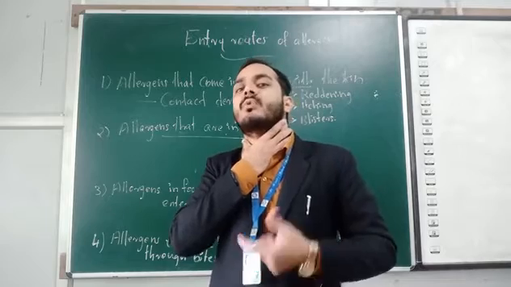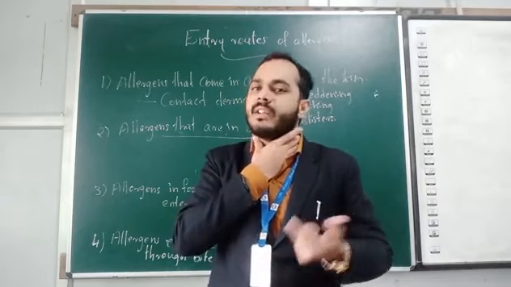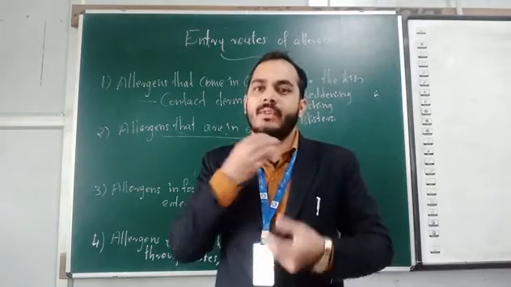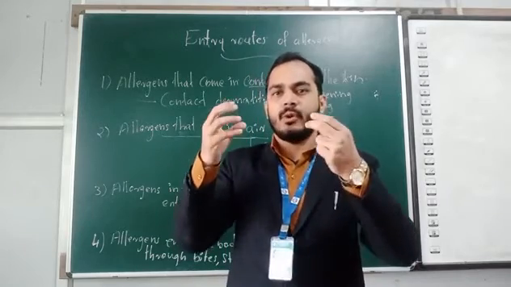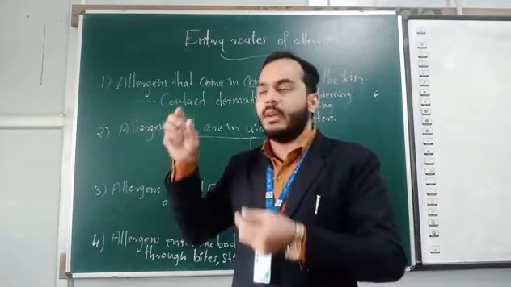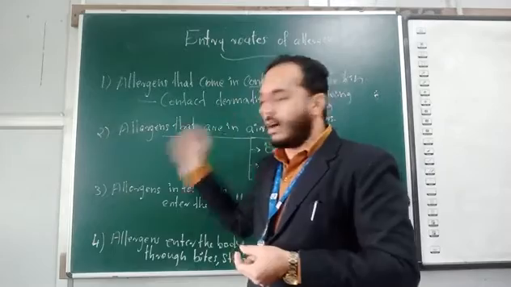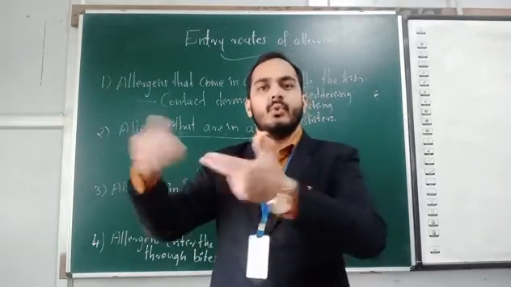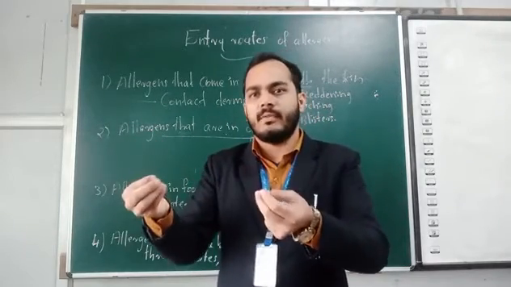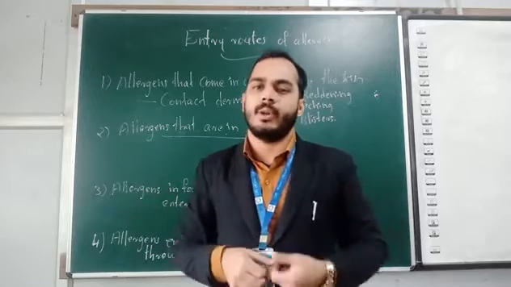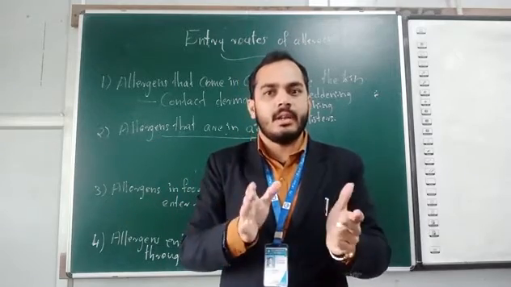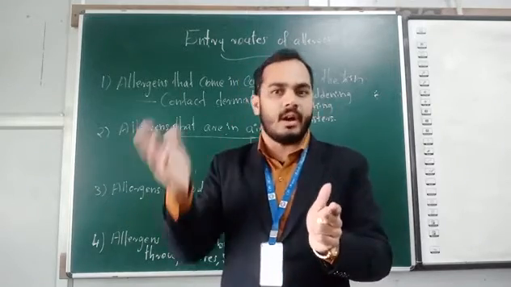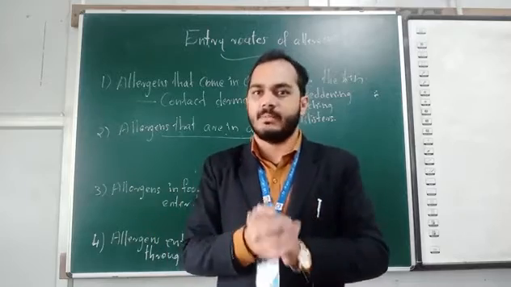Here also itching and some other irritation start. According to the concentration of these allergens, if a huge amount of dust or allergic substance enters the body, the symptoms also show heavily.